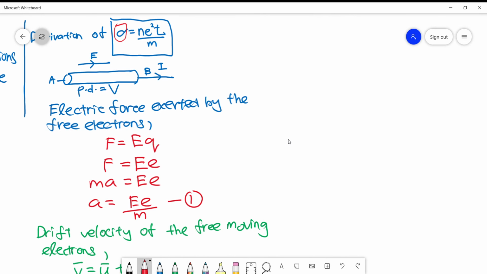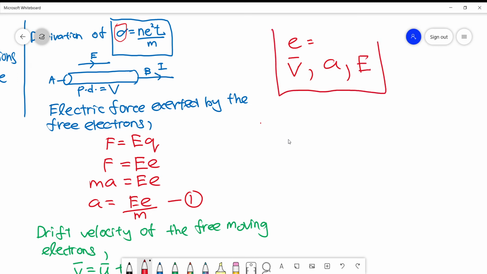For the first variable, the free moving electrons, we have the drift velocity, and the drift velocity is due to the acceleration of the free moving electrons. The acceleration of the free moving electrons is due to the electric field.